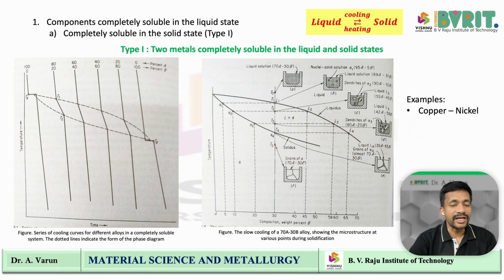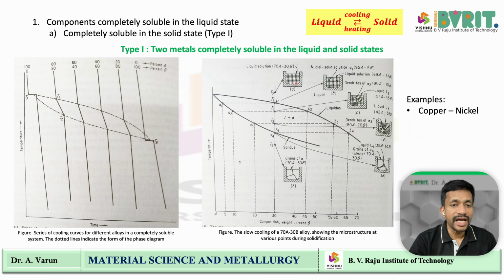We are going to take one example, and also determine how it is going to transform. If you can recall, the mechanism of crystallization starts with liquid metal, then nuclei formation, and slowly it grows into dendrites. Dendrites grow into grains, and finally the grain boundaries combine to form the complete grain structure.